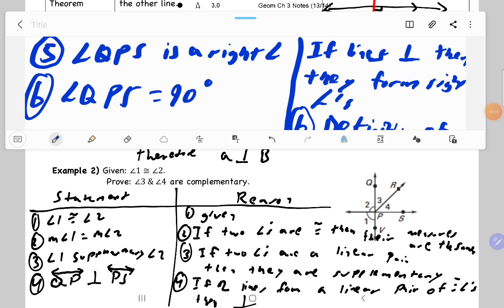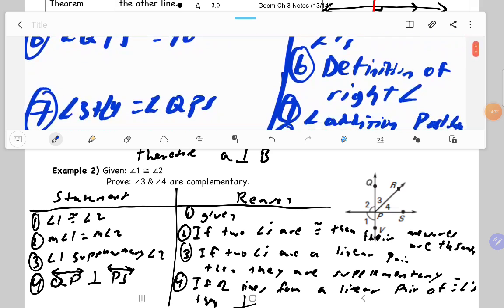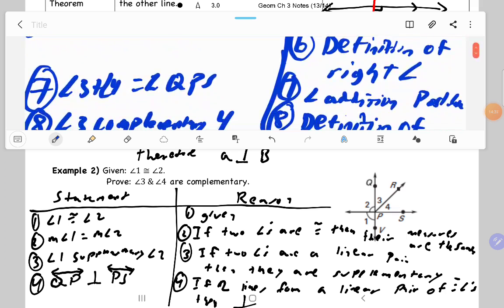So to prove our 2 angles are complementary, we need to show that they add up to 90 degrees. So we need to first establish what is angle 3 and angle 4. Well, angle 3 plus angle 4 is angle QPS. And now that we know that, we need to show that angle QPS is indeed 90.